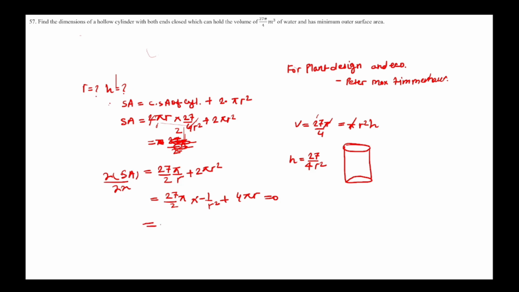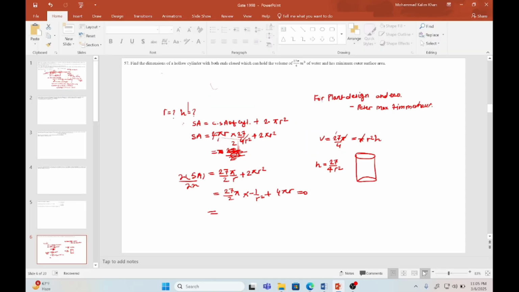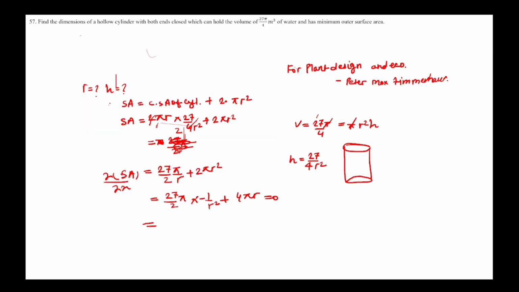So it will give minus 27π/(2r²) is equal to minus 4πr. So π and π cancel, minus and minus will cancel.